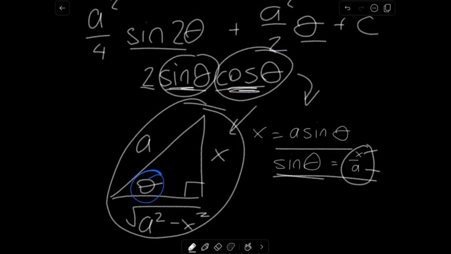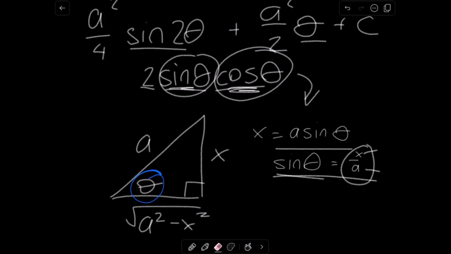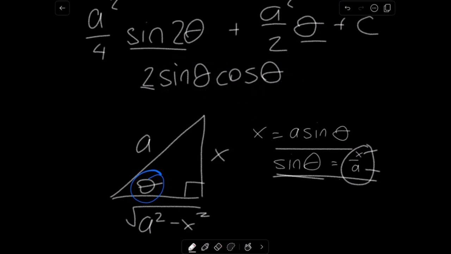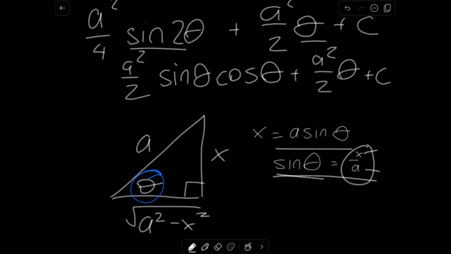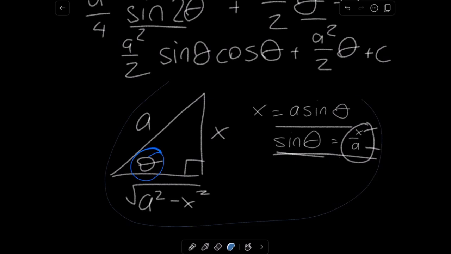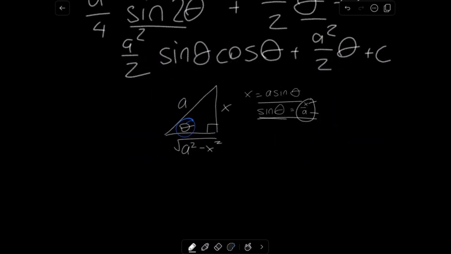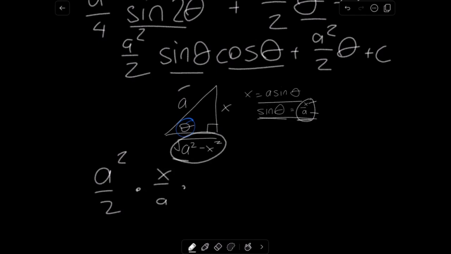Now we can complete this question. What we are going to find out is we have a squared multiplied by 2 sine theta cosine theta. Let's simplify that. That is going to become a squared over 2 sine theta, that's x over a, multiplied by cosine theta, that's adjacent over hypotenuse.